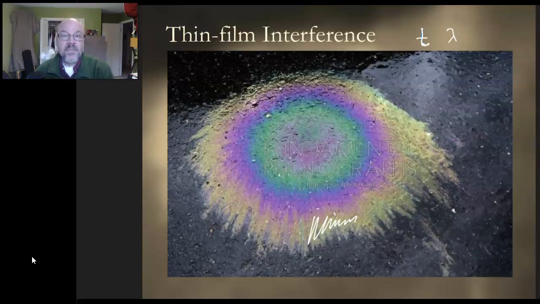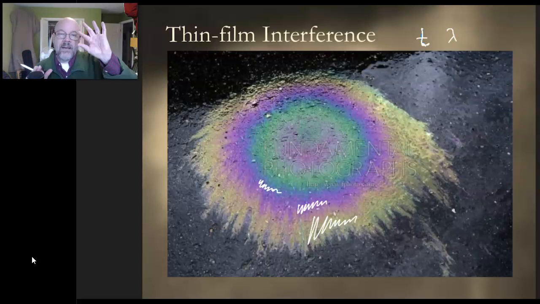Somewhere else, the thickness is different, and so the constructive interference occurs at a different wavelength. So these bands of colors really tell us about how thick that film is.